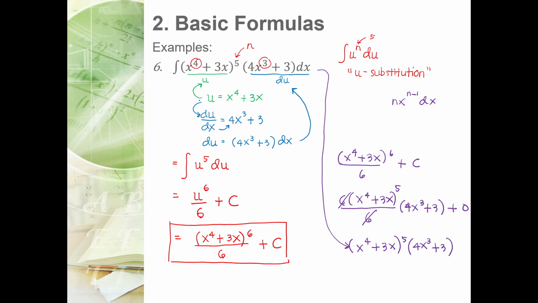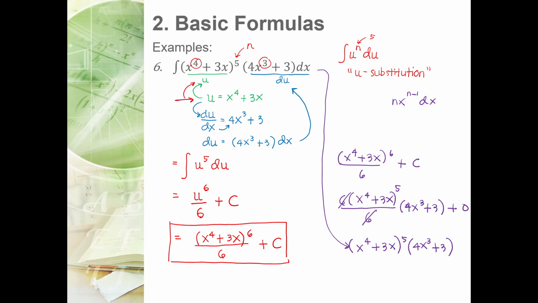So this is the u parameter, x to the power of 4 plus 3x. Then we derive it, right? The x to the power of 4 plus 3x. The resulting derivative is 4x cubed plus 3.